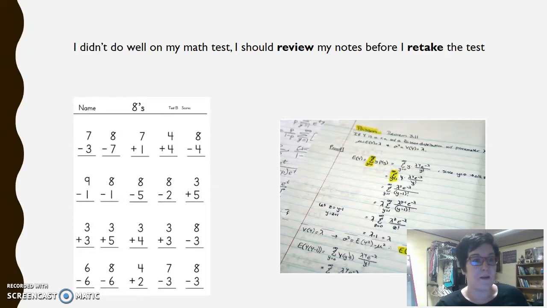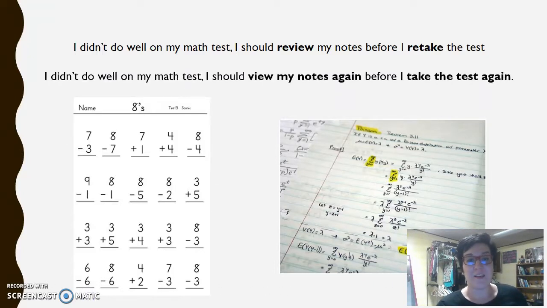So, if we reread it using our clues, we have, I didn't do well on my math test. I should view my notes again before I take the test again. Then we have to go through and decide if that makes sense. And it does make sense. If you didn't do well on your test, you have to relook at your notes before you can take the test again.